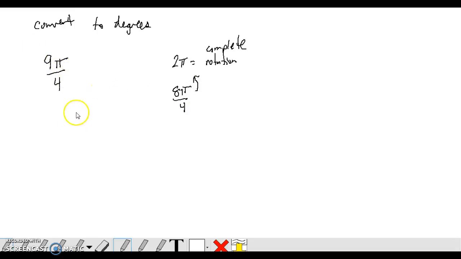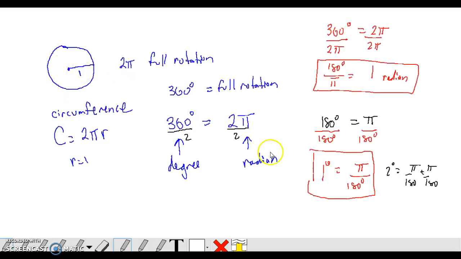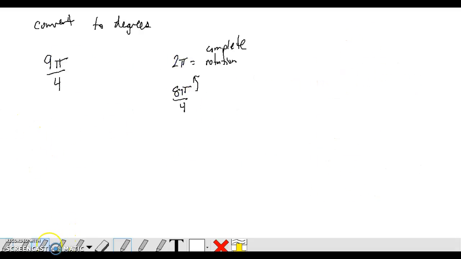Again, important to remember. Since we are given radians, we are going to use the other formula, 180 over pi. Essentially we want to get rid of our pi. So I'm going to multiply by 180 over pi, and my pi's will cancel out. I've already done the 4 and 180, so I know that this will be 9 times 45.